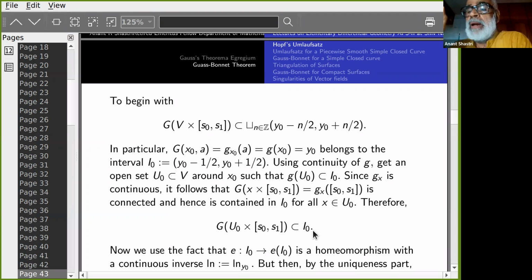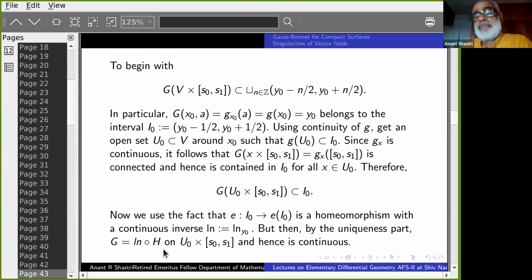One single interval, you have the exponential function, which is the injective mapping, right? Therefore, you have the logarithm function, which is the inverse of that. Therefore, you can write g as nothing but ln of h. e of g is e of ln of h, which is h. That is given. Therefore, by applying the inverse function here, g will be equal to ln of h.